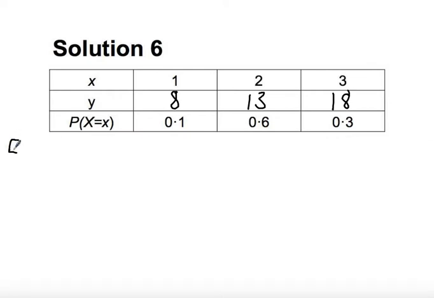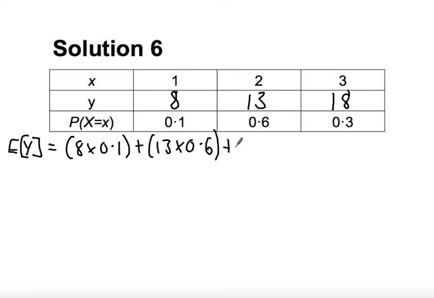So expectation of y. Exactly the same process, we just have different values for y. So expectation of y is 8 times 0.1 plus 13 times 0.6 plus 18 times 0.3. Type this into our calculator and evaluate this, we get an answer of 14.